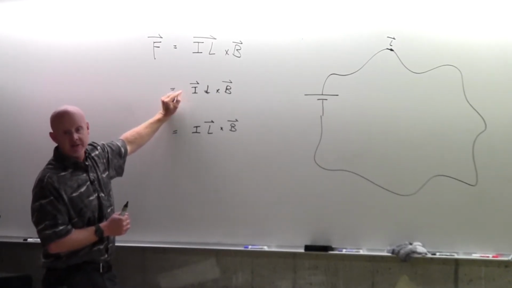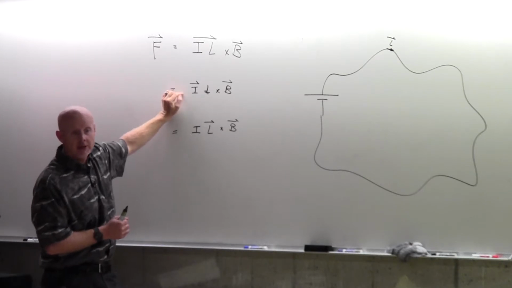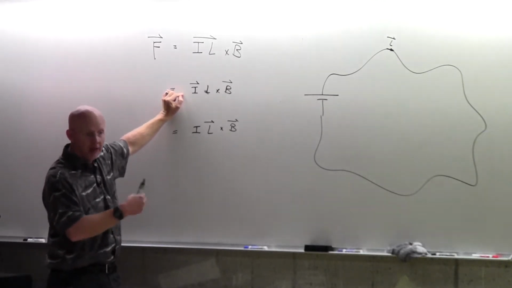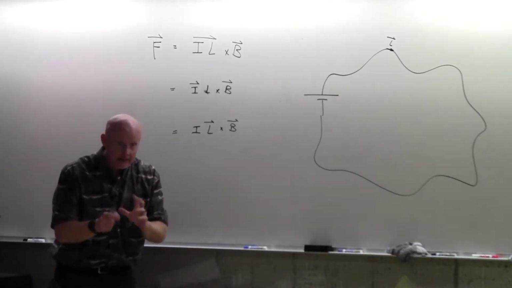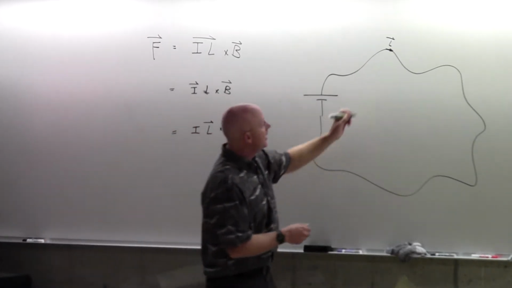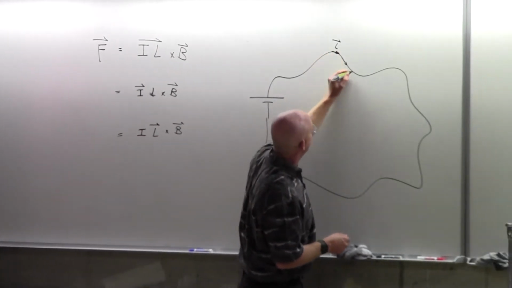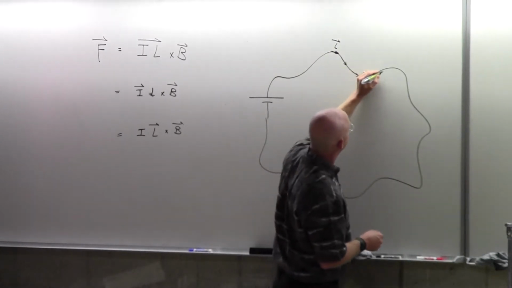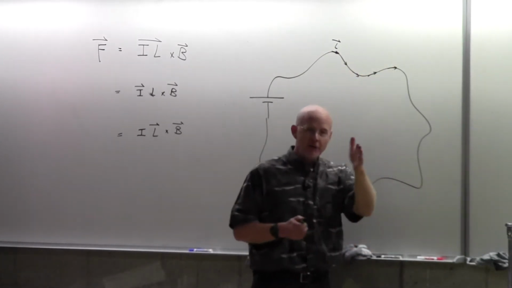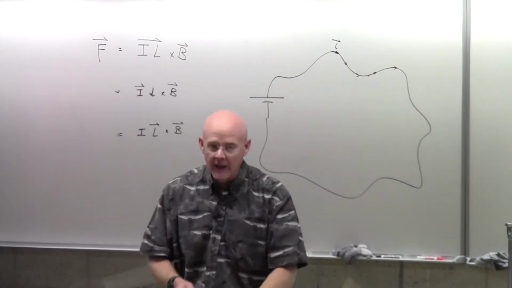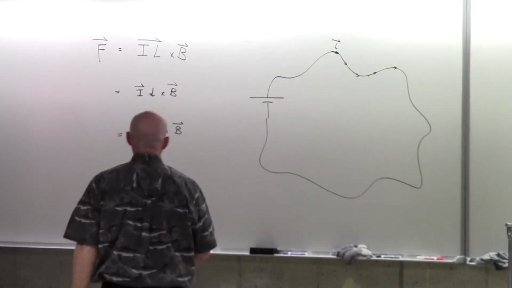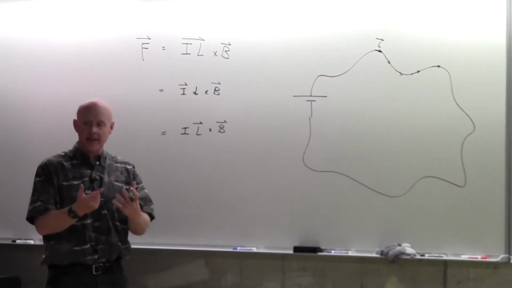Conceptually, I like the vector over the current because that's really what is flowing. Okay. But mathematically, we can then just do a line integral on the direction of the wire itself. And so it does become mathematically convenient.